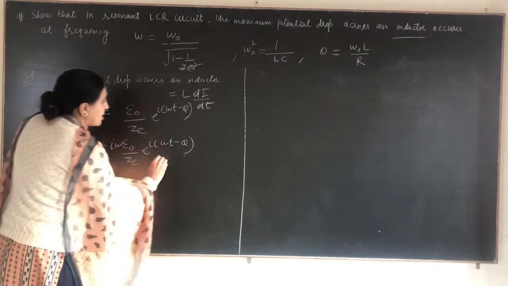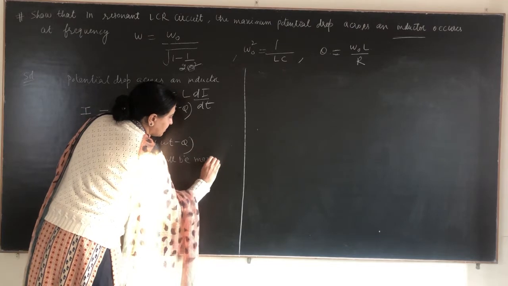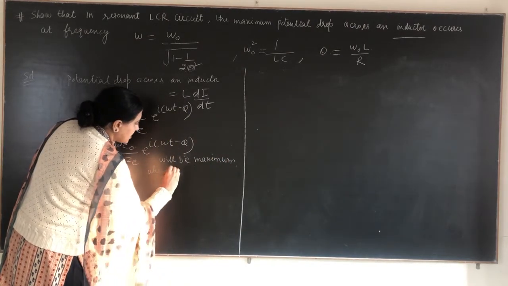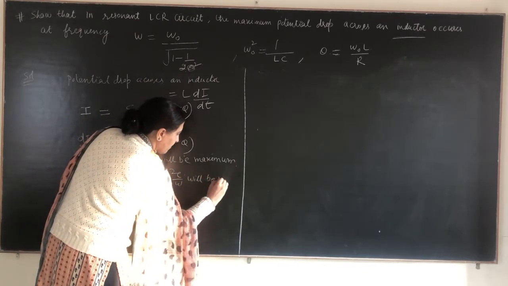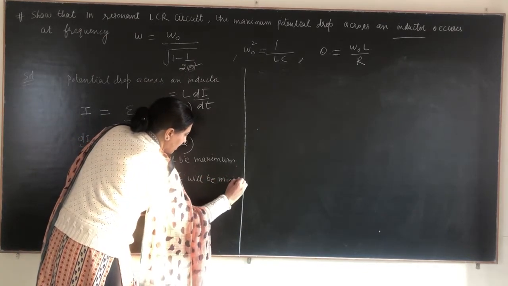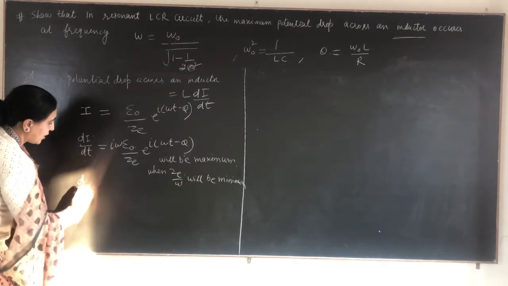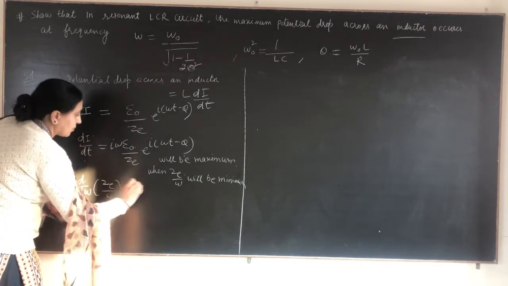So for it to be minimum, the derivative of this term Z over omega will be equal to 0.